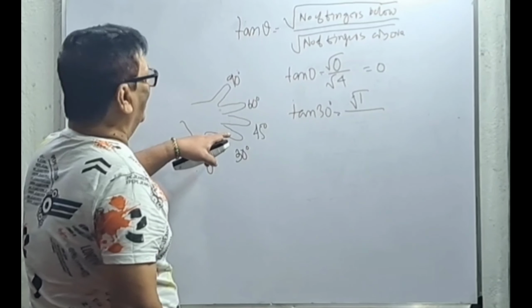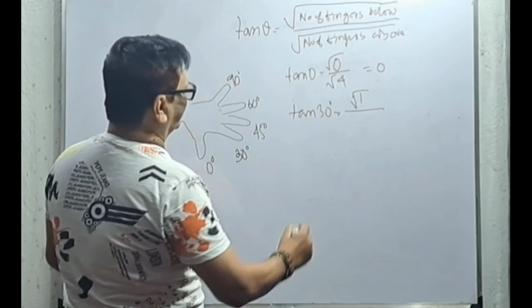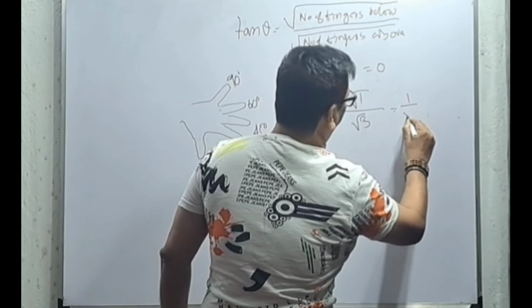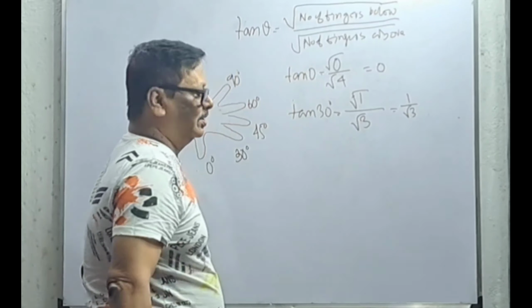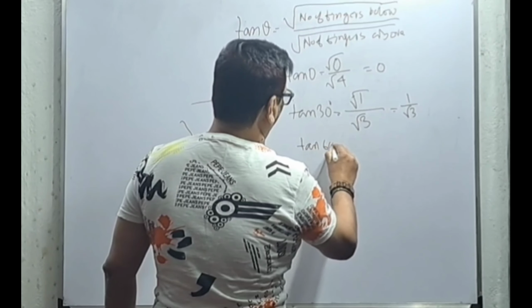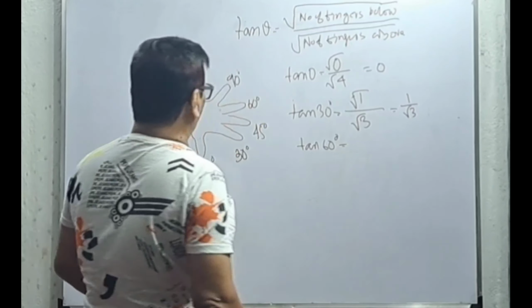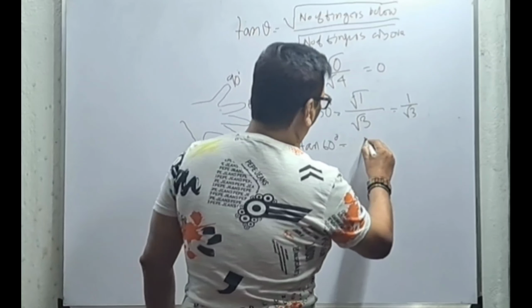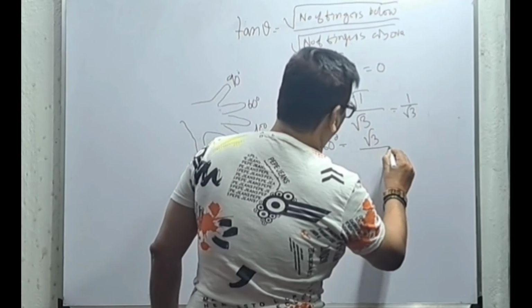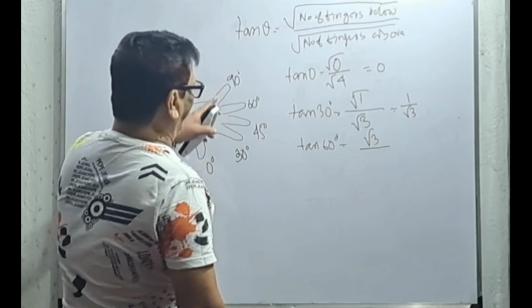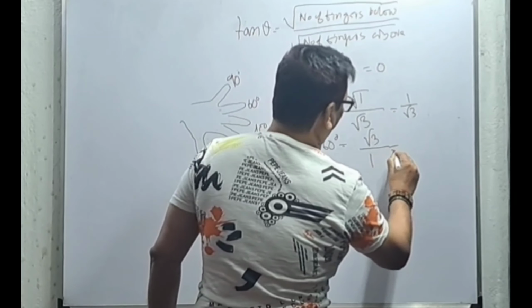The number of fingers above, 1, 2, 3. So 1 by root 3. Tan 60: the number of fingers below 1, 2, 3, root over 3. The number of fingers above, 1. So root 3.